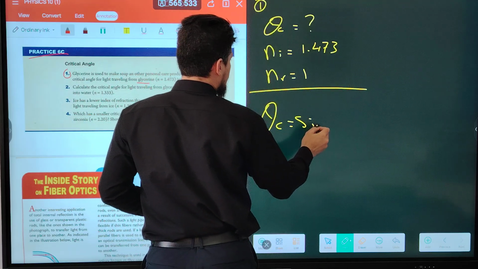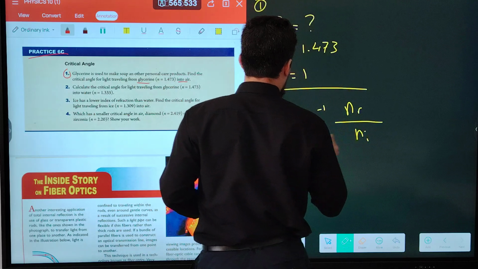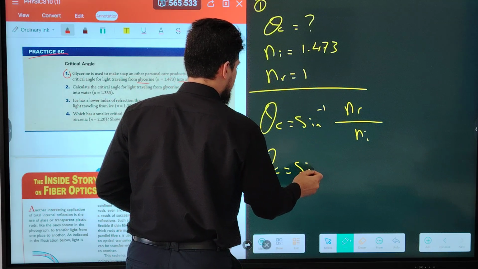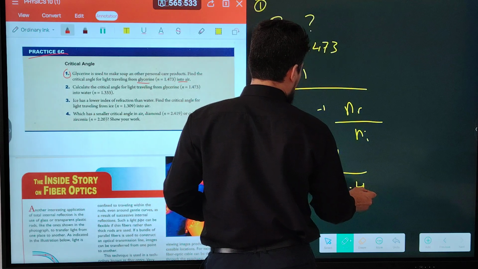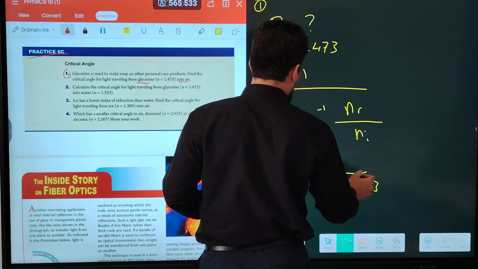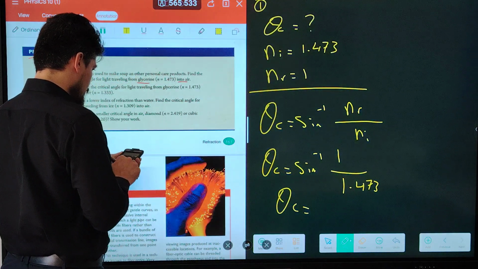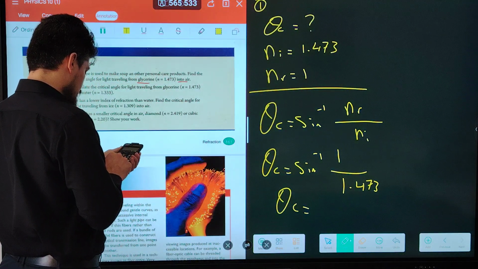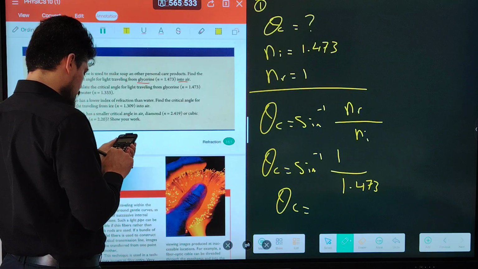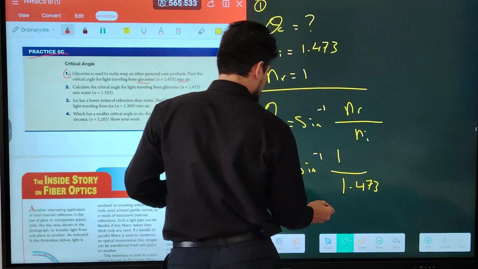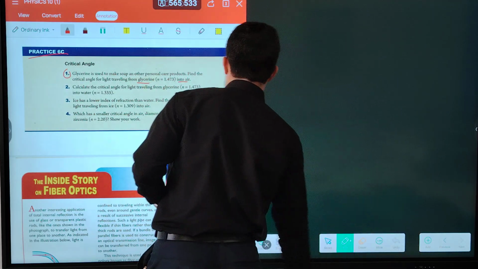Theta critical is equal to sine inverse Nr over Ni, sine inverse 1 over 1.473. Theta critical is equal to what? I got 35 degrees. This is the critical angle of this question.